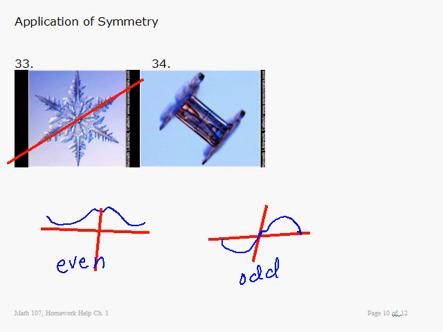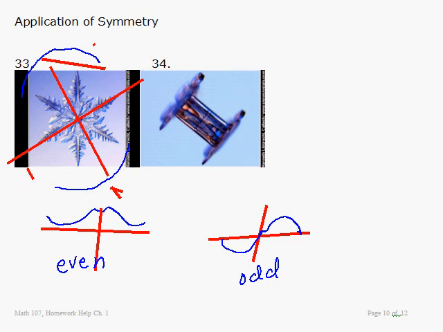So what it's doing on this side of the red line is the same over here. So it's symmetric about that line. Then you look for other lines you could draw on there. For example, I could go right between these, and I would have the exact same thing on both sides of this particular line. So you keep drawing lines on there to see how much symmetry you can get.